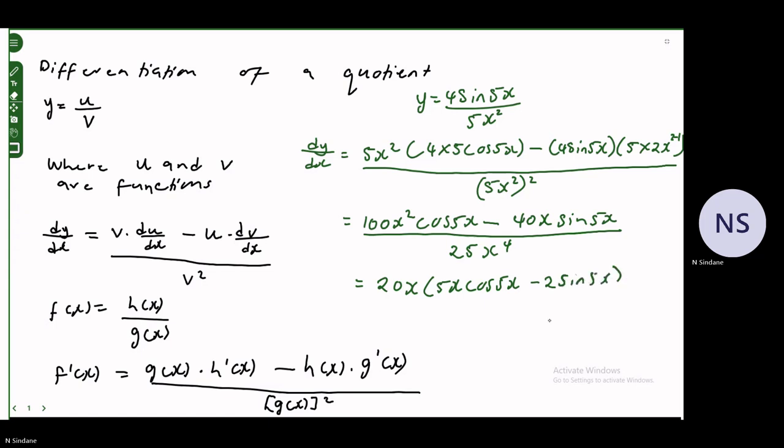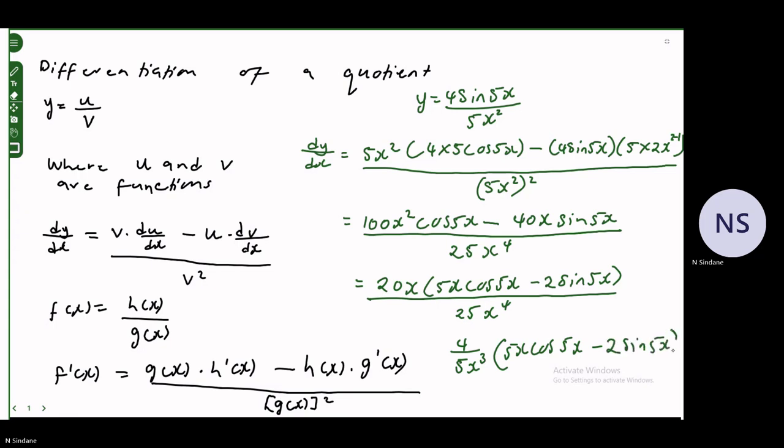Divide this by 25x to the power 4. Then 5 goes into 20 and 5 goes into 25. Also x goes into x to the power 4. This will give me 4 over 5x to the power 3 into 5x cos of 5x minus 2 sine of 5x.